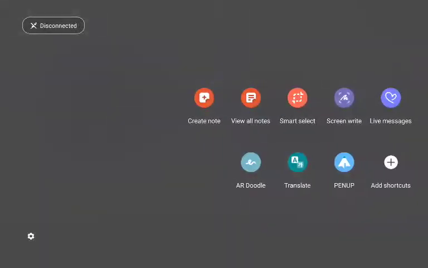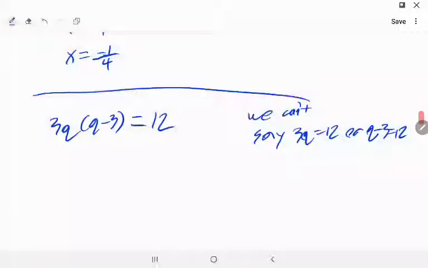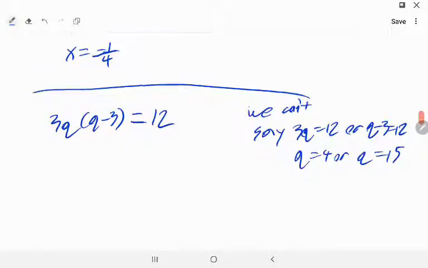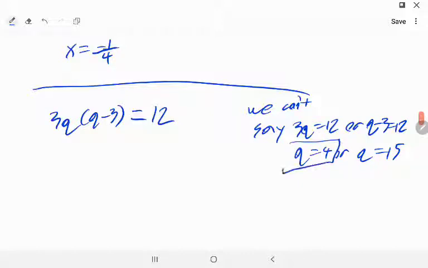This won't work. That would give us q equals 4 or q equals 15. Q equals 4 works and is a solution. Q equals 15 doesn't: you get 45 times 12, which is something like 540, not 12.